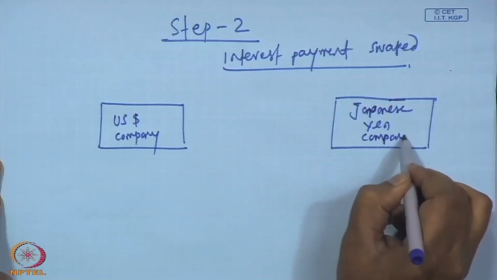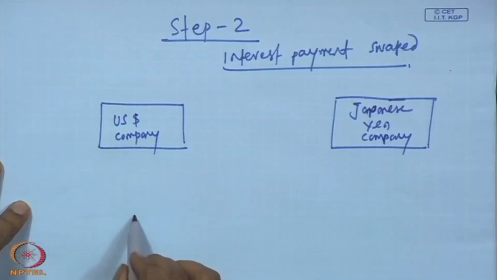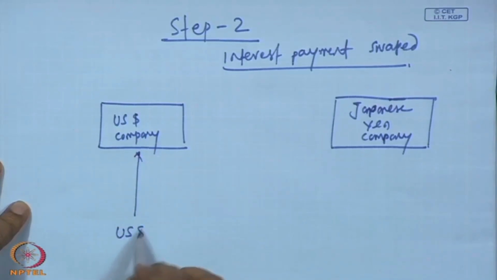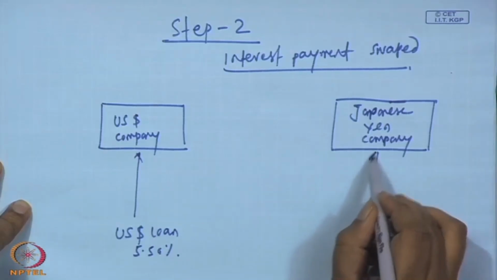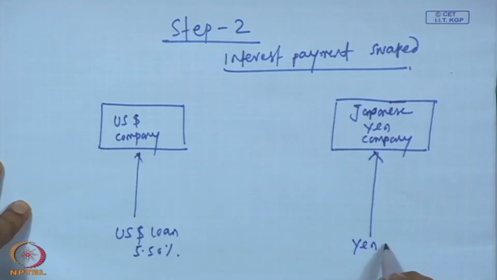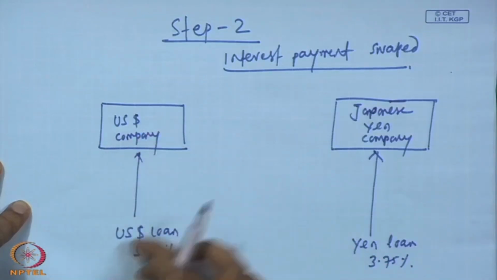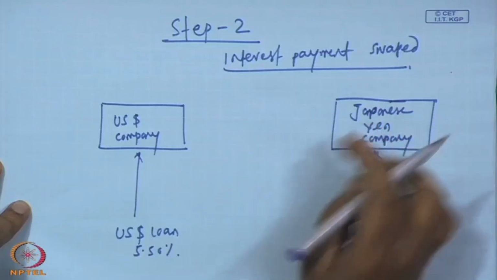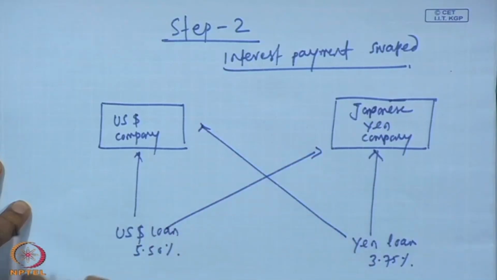The US dollar was raised by the US company as a US dollar loan at 5.50%, and the Japanese yen was raised by the Japanese company as a yen loan at 3.75%, but this yen has been transferred to the US company and the dollar has been transferred to the Japanese company. So, the dollar has gone here and the yen has gone here. Then who will pay the interest?